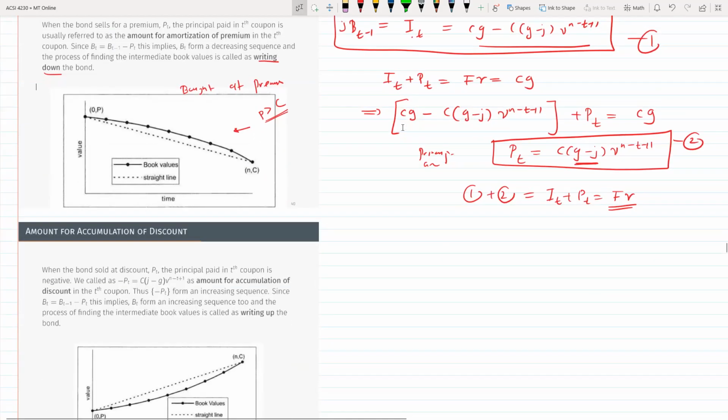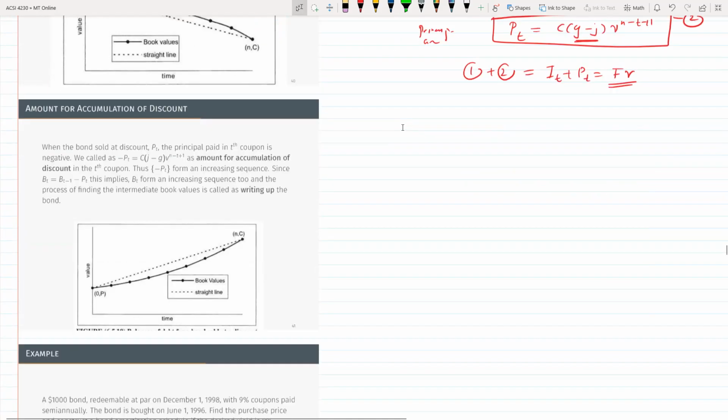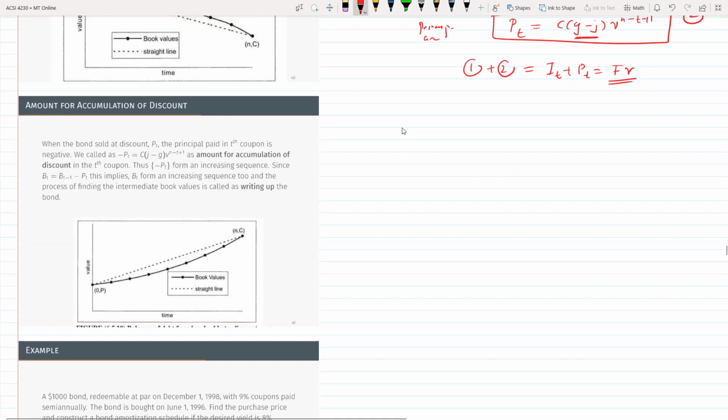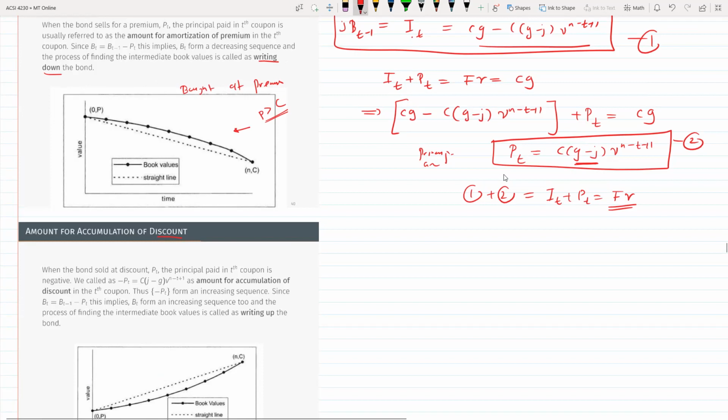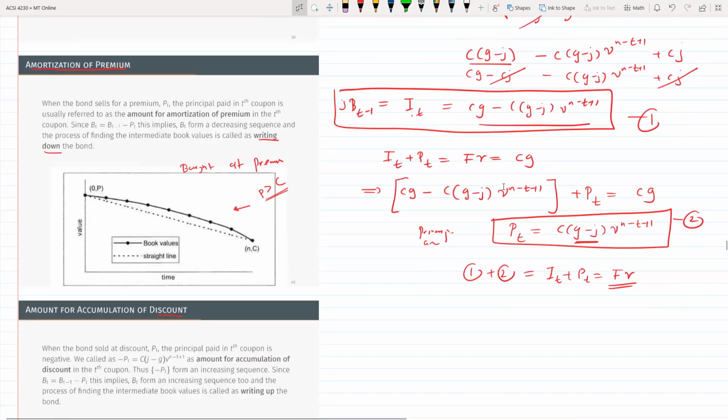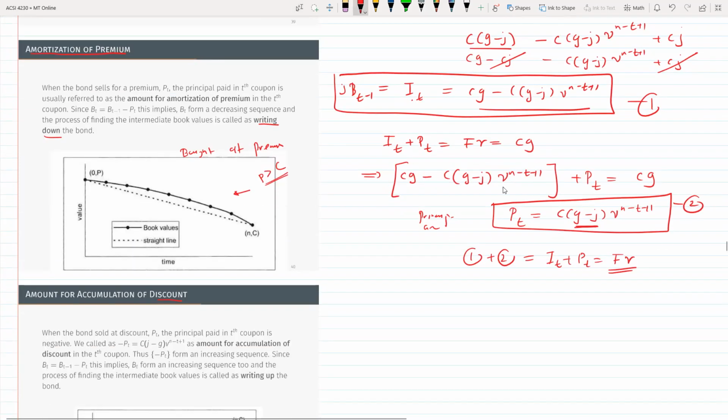Then the other one. Remember, when you have a discount, what's the amount of discount? If I come back here, I have PT, which is C times (G minus J) times v^(n minus t plus 1).